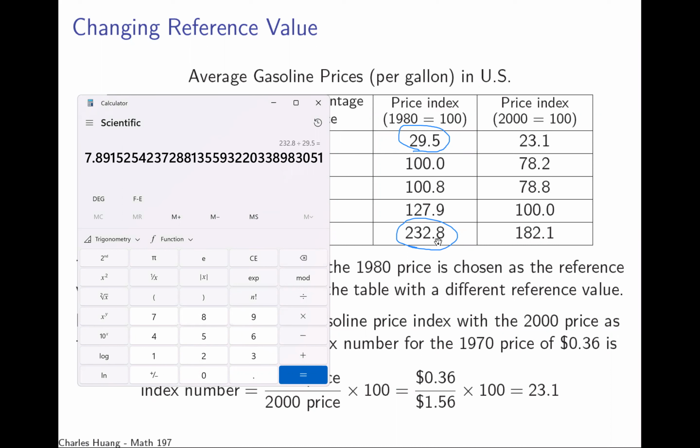The price got 7.89 times bigger. But if I look at a different reference value over here and do the calculation again, we should get the same number: 182.1 divided by 23.1. That's still roughly 7.88, 7.89 times bigger.